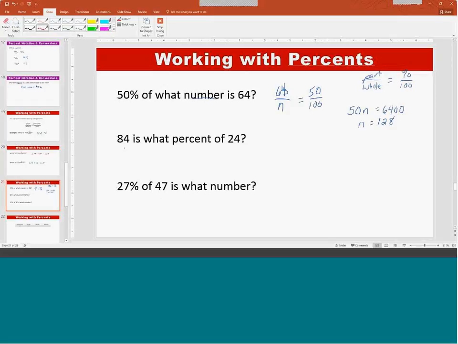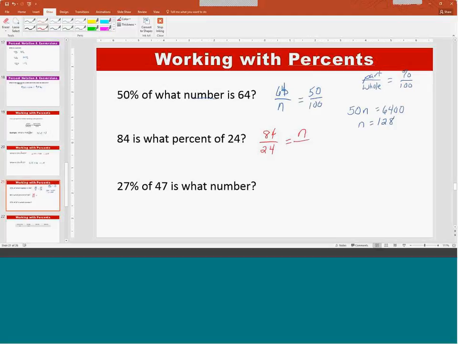Let's look at the second one. 84 is what percent of 24? Well, the "of" part is the whole part. So 84 over the whole of 24 is what percent?